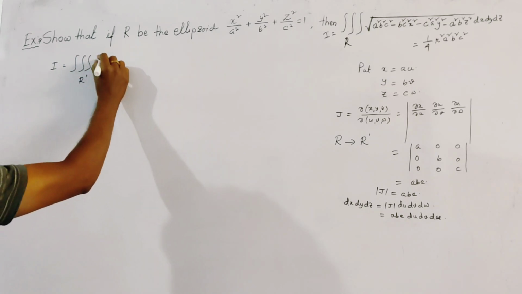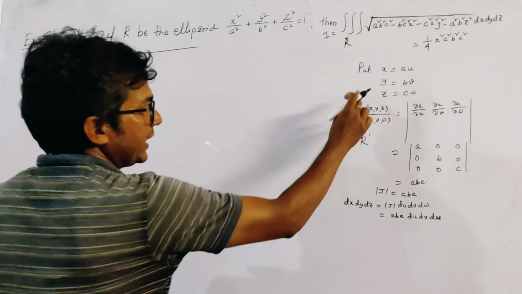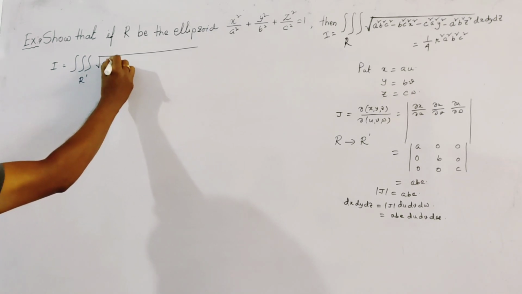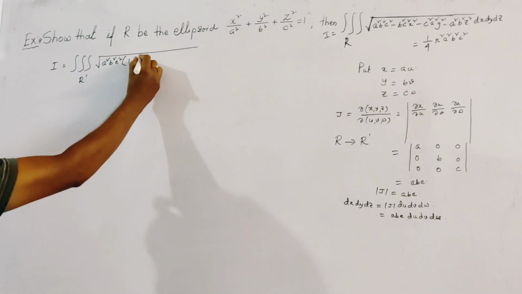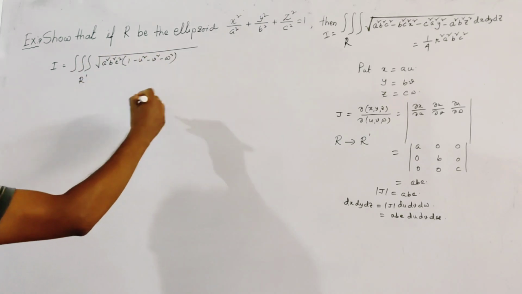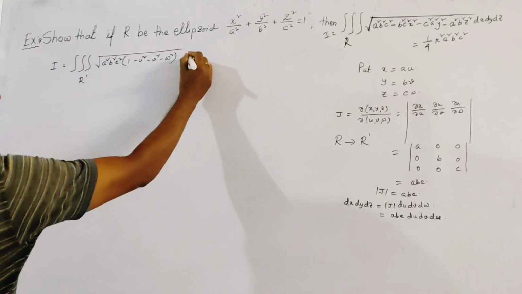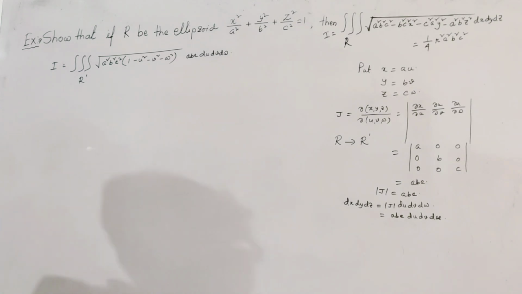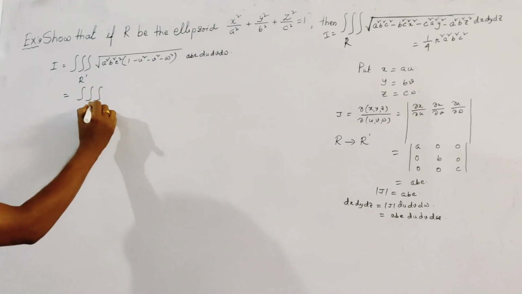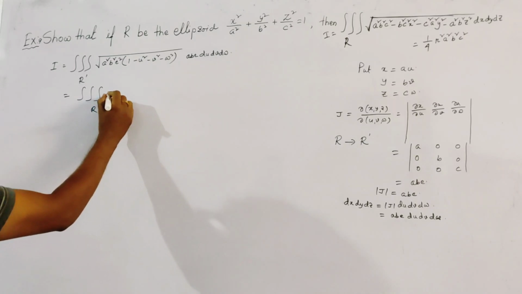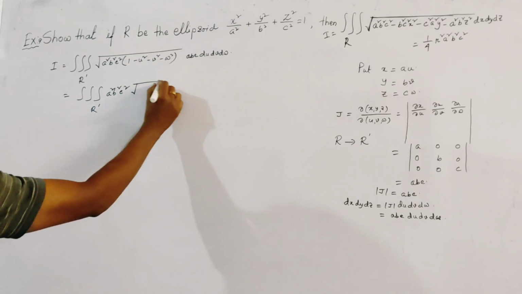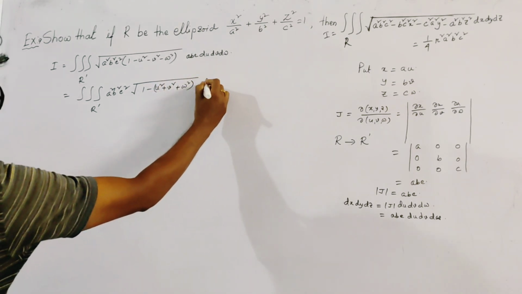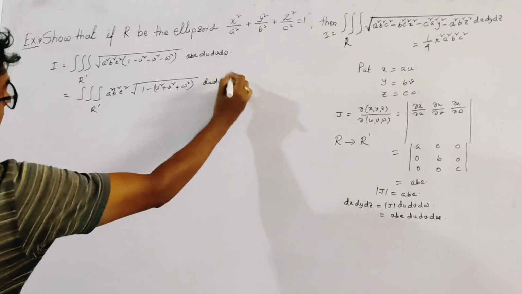Putting these values of x, y, z, we take common a square b square c square, giving 1 minus u square minus v square minus w square, and abc du dv dw. So the integration over R dash is a square b square c square into the square root of (1 minus u square minus v square minus w square) du dv dw.